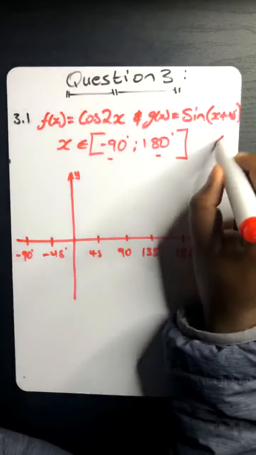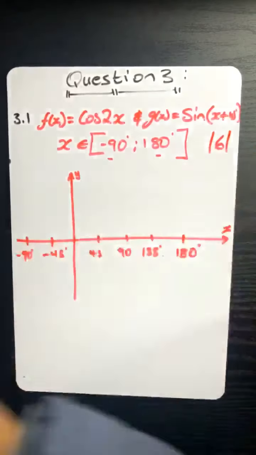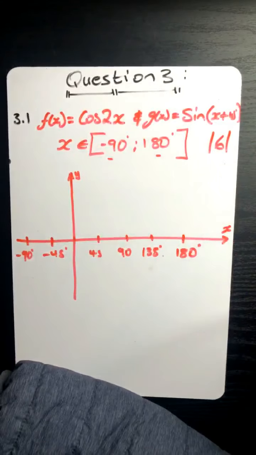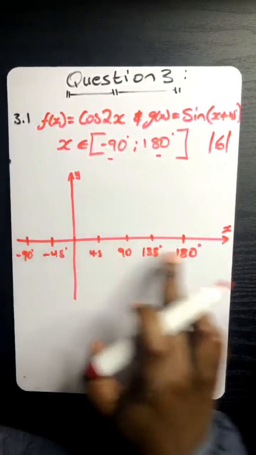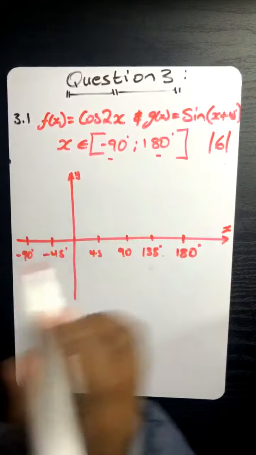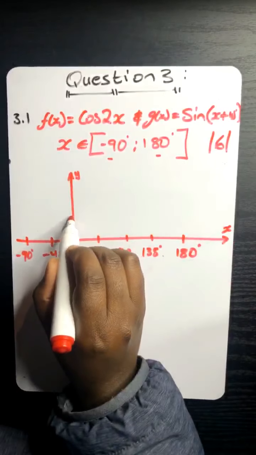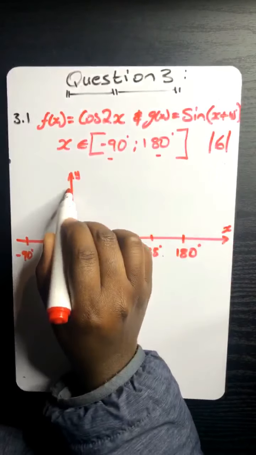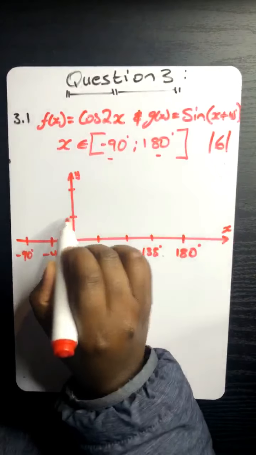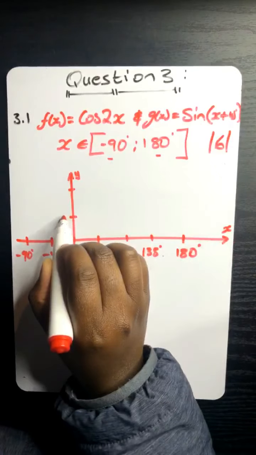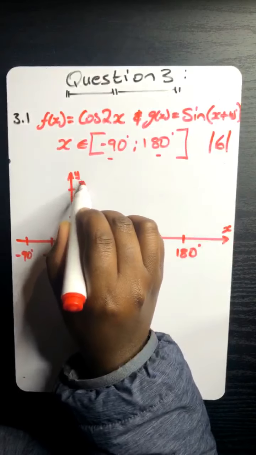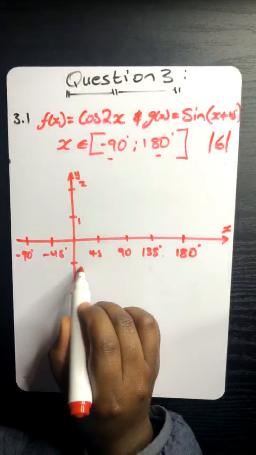Remember, guys, this question is allocated 6 marks. I'm telling you, if you do not know how to come up with the critical values, that's where you will get it wrong. So there we can maybe say this is our 1, and this is going to be our 2.